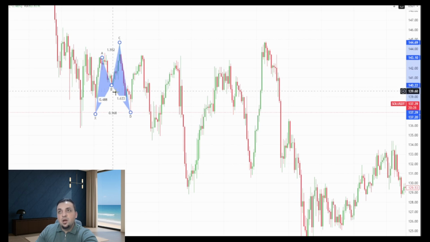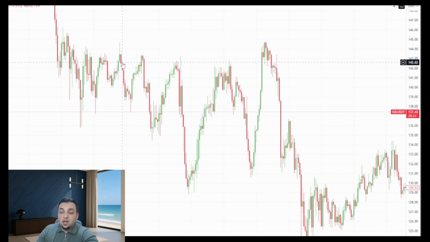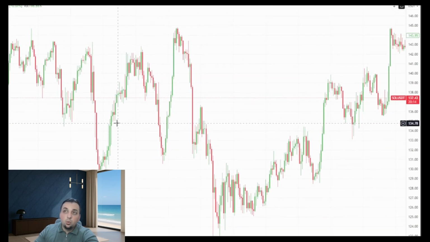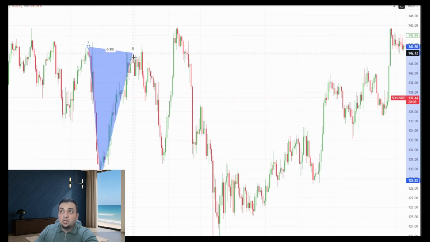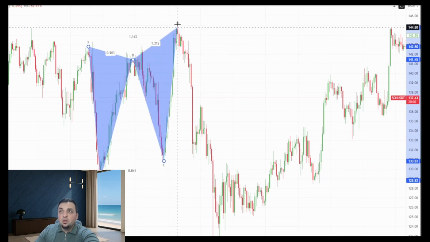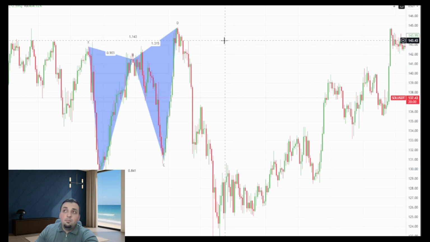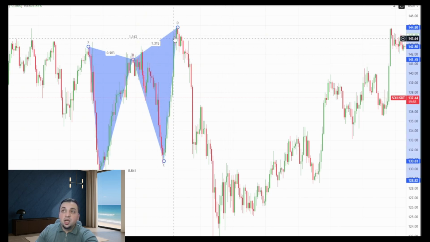What happened after that? The market went up. Okay, no problem. It's a harmonic bullish pattern, so it's good for us. Now, after that, if we continue anticipating and waiting for the best opportunities, you can see that the market started a pattern X to A, A to B, B to C, and C to D. Okay, so we have a bearish pattern, but inside that bearish pattern, we have a bullish M pattern.